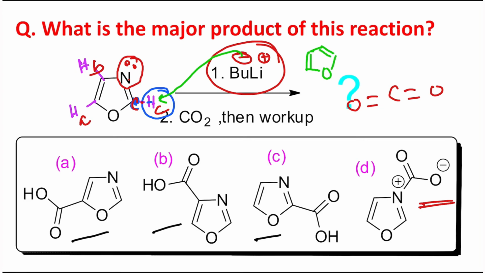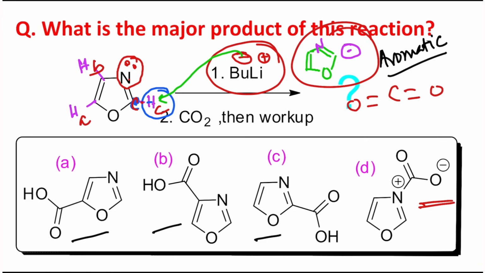By the way students, one thing please remember: a question may come whether this anion is aromatic or not. Obviously it is aromatic, because this lone pair is in an sp2 hybridized orbital, so during this proton abstraction, aromaticity is not hampered.